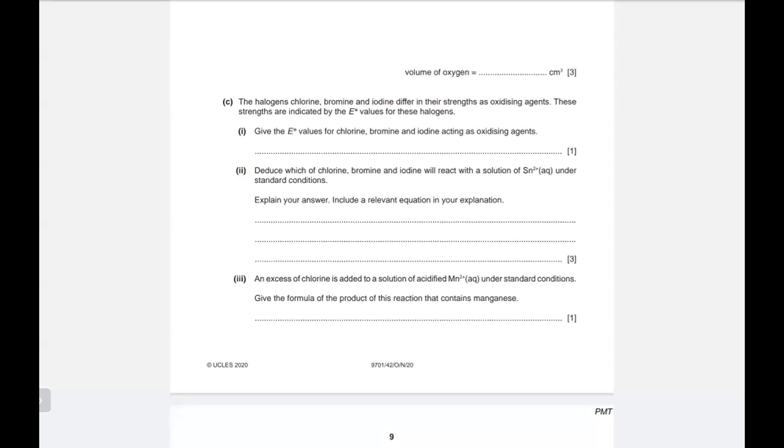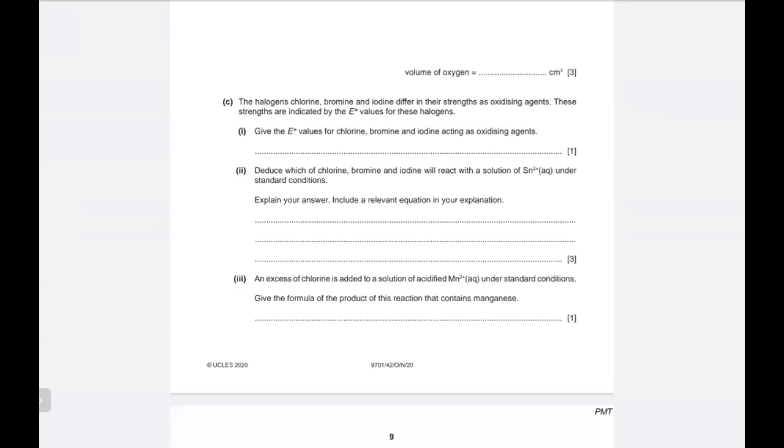That means which halogen has a higher electrode potential than Sn2+. The halogen with a higher E naught value than Sn2+ will oxidize it.